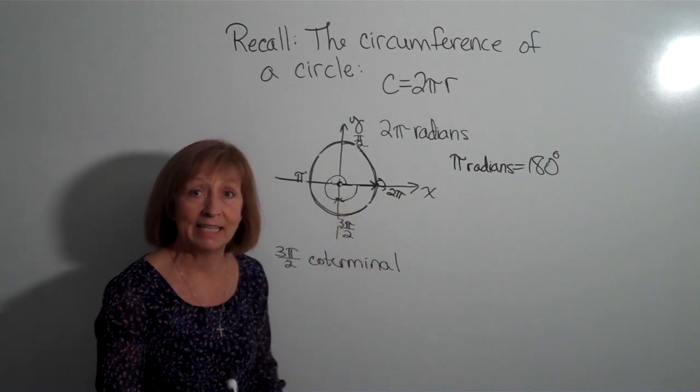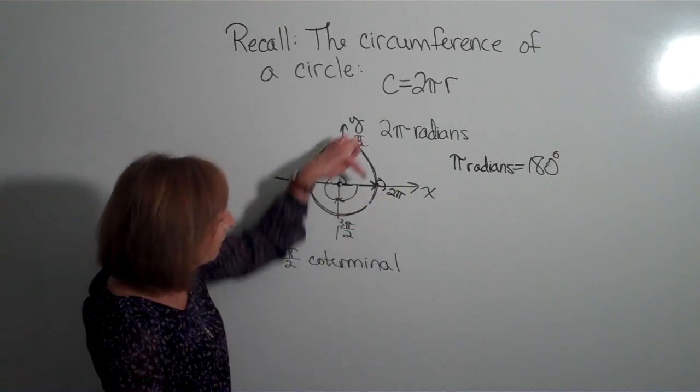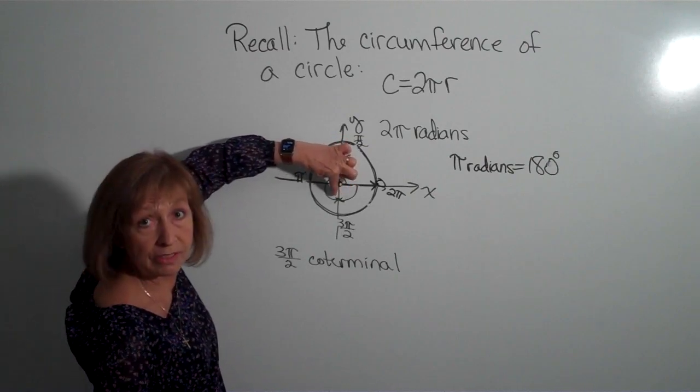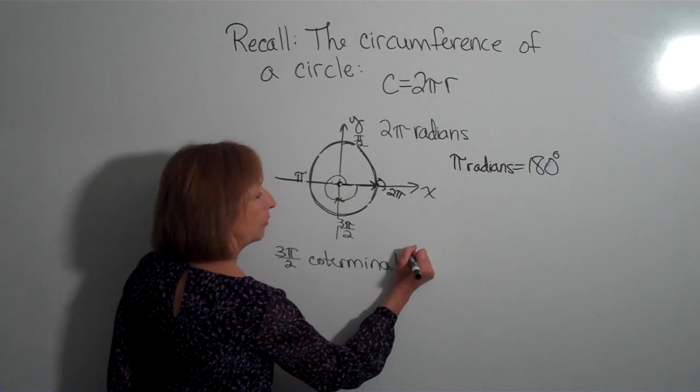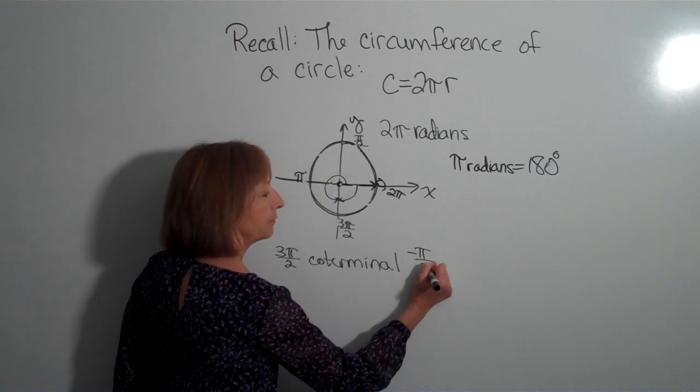Remember, the negative is the down motion, and if I'm just going down and around 90 degrees, which corresponds to pi over 2, that's coterminal with a negative pi over 2.